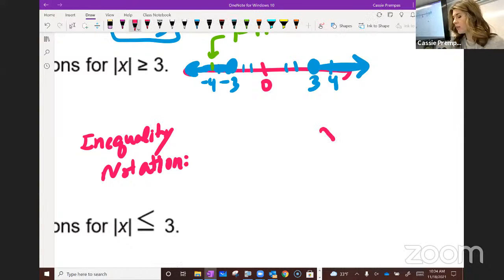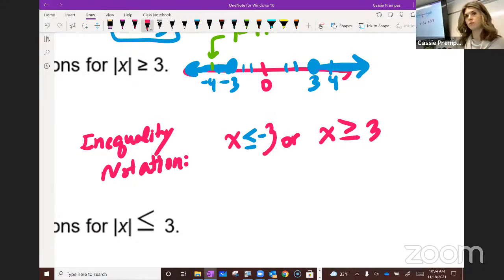It would be all of the x that are greater than or equal to 3, or all of the x that are less than. In fact, I'm going to draw this in a different color. You'll see why. All of the x that are less than or equal to -3. This would be your answer.